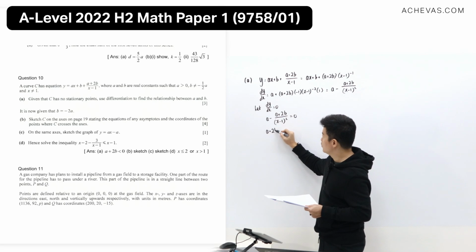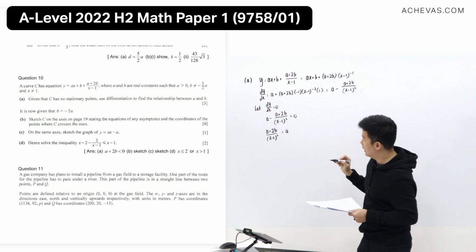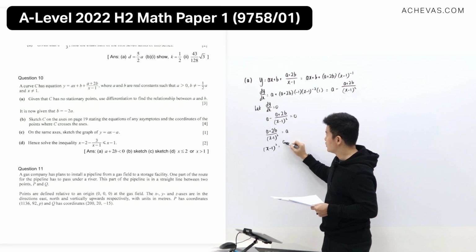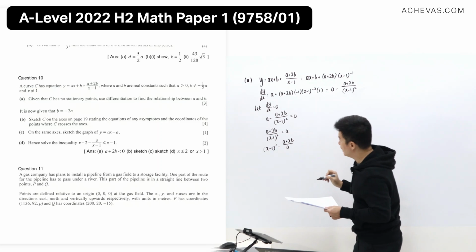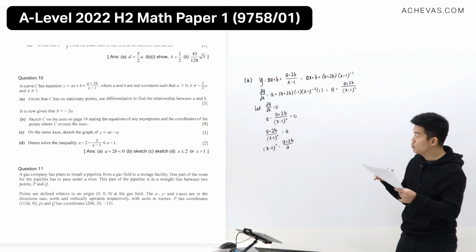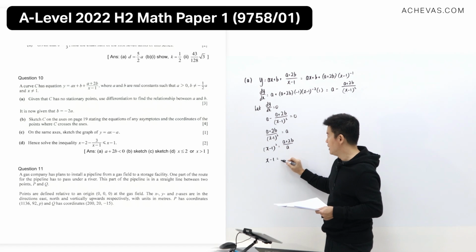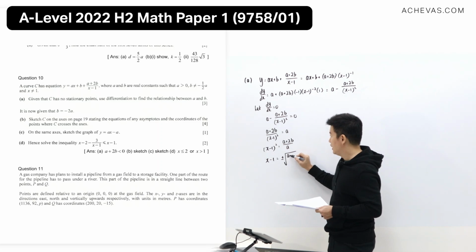So (a plus 2b) over (x minus 1) squared is going to be equal to a, which means that (x minus 1) squared is going to be equal to (a plus 2b) over a. If I continue from here, we can write it in this form. Square root both sides, so it'll be plus or minus square root of (a plus 2b) over a.